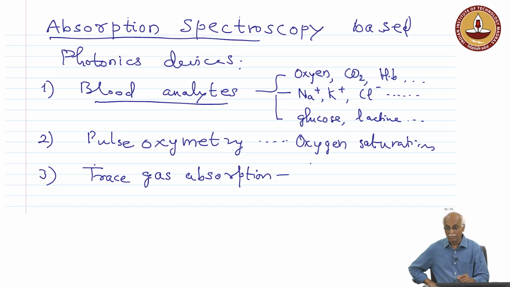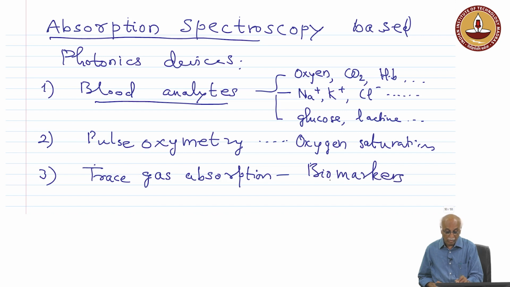Maybe methane, maybe ammonia, maybe ketones, acetones, etc. They act as biomarkers for certain pathological activities. So, trace gas absorption is basically towards biomarkers, and how to extract them is using human breath.